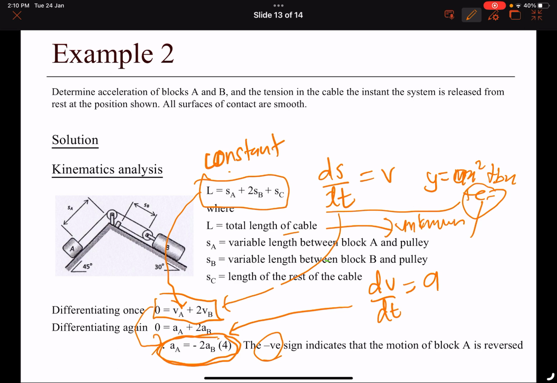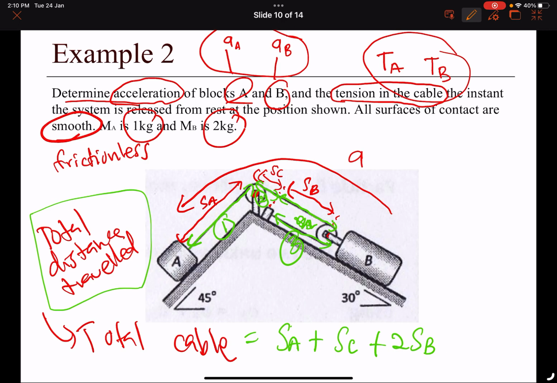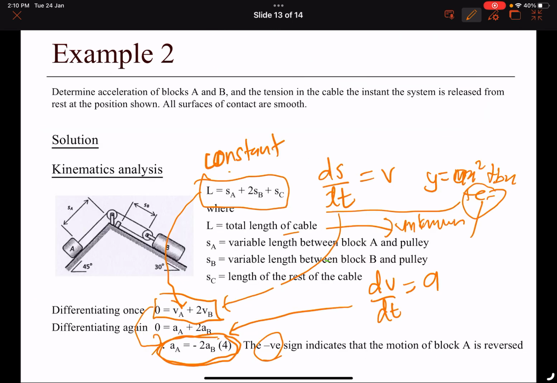Because it is reverse, it is a reverse block. Reverse means that it will be reverse like this one, going down.